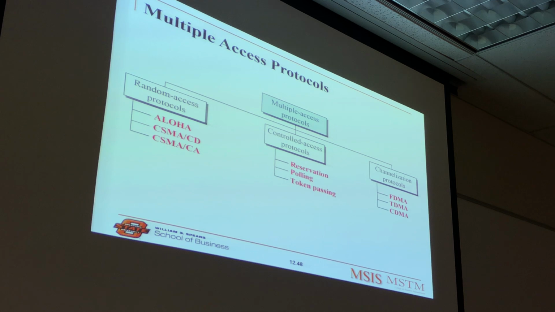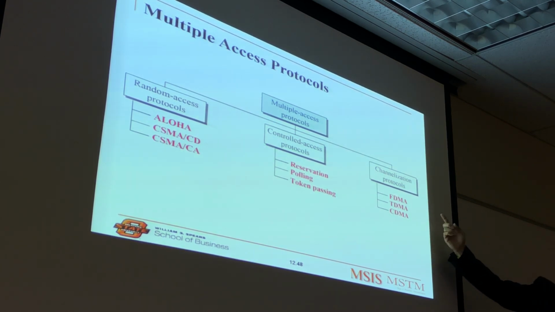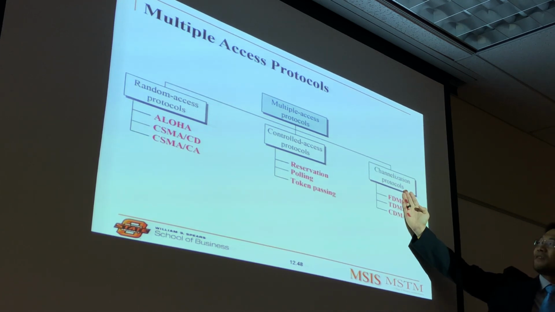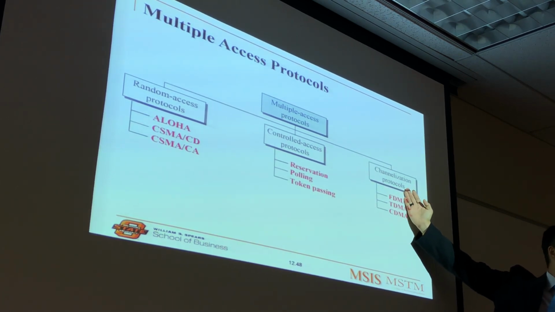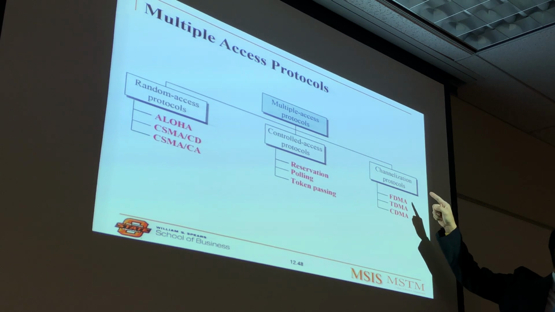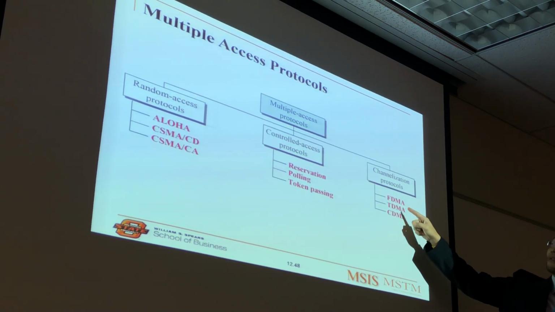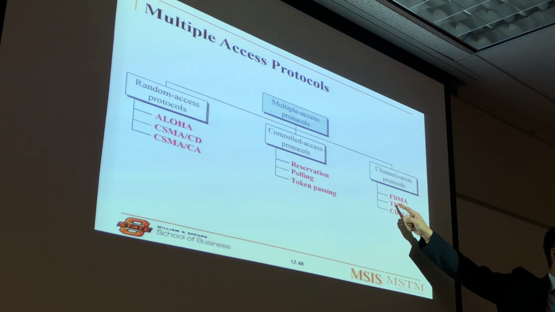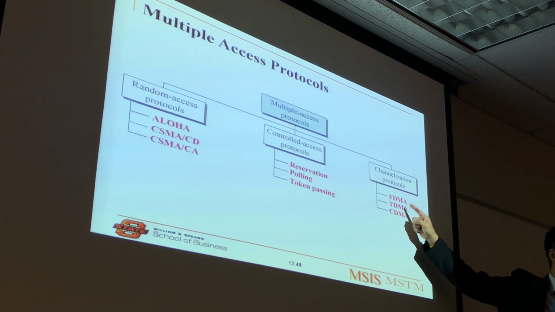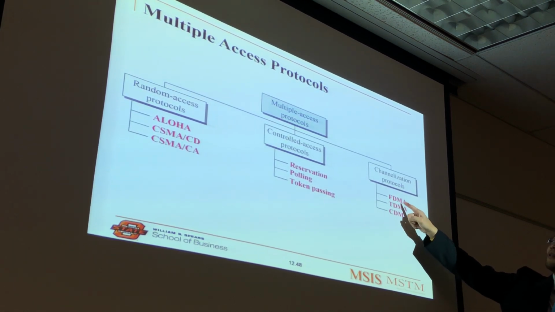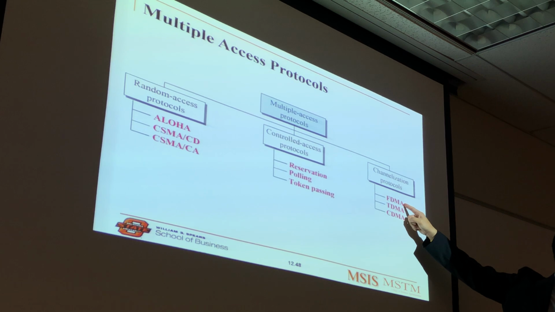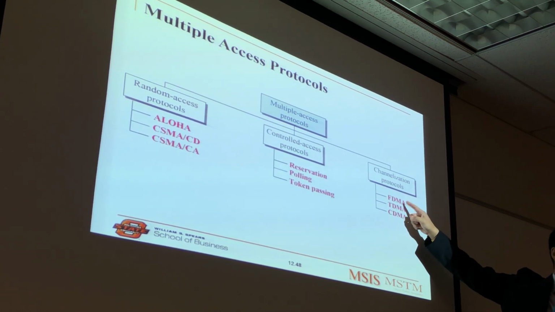Do the acronyms sound familiar? FDMA, TDMA. Yeah, we learned those without the A. Correct. So what does FDM stand for? Frequency division multiplexing, right? TDM, time division multiplexing. Here, it's multiple access instead of multiplexing.